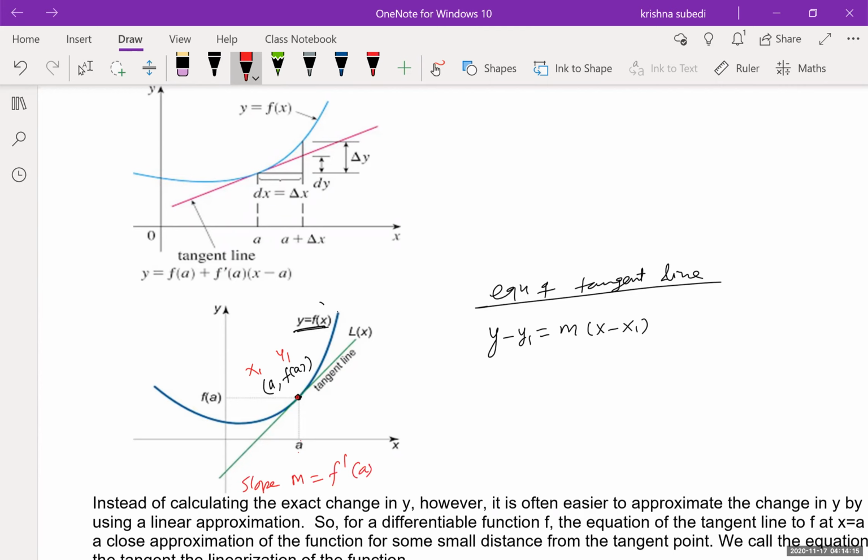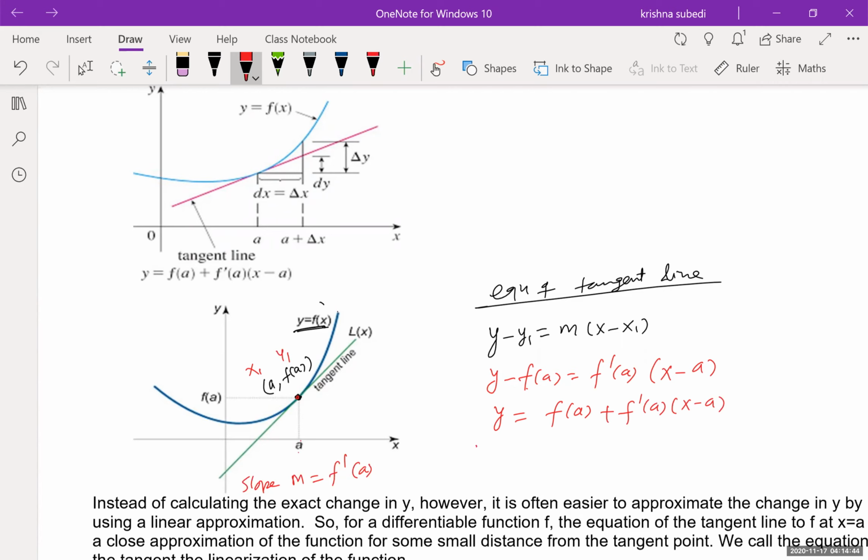So now if I substitute the value, y minus y1 is f of a, equals m is f prime of a, x minus x1 is a. Okay, x1 is a. So basically the equation of a tangent line is y equals f of a, I bring this f of a to the other side, it will be positive, plus f prime of a times x minus a. So this is the equation of a tangent line.